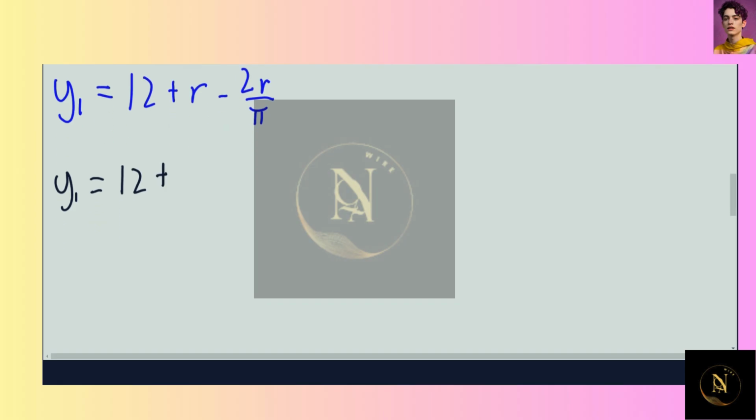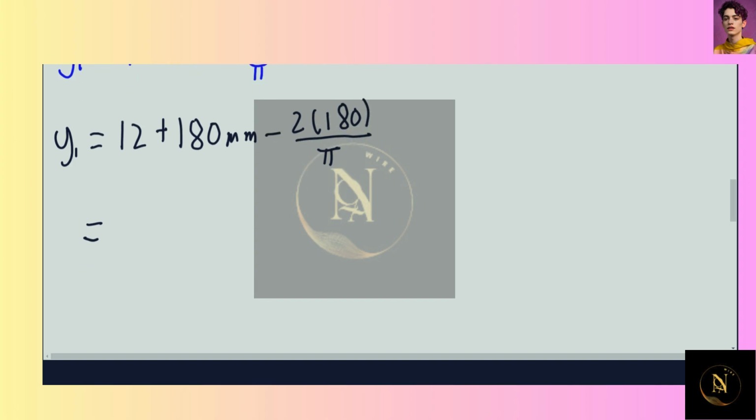So we plug in the given value for r, which is 180 millimeters, and then do the same thing here. And so the center of gravity for that first area is equal to 77.41 millimeters.